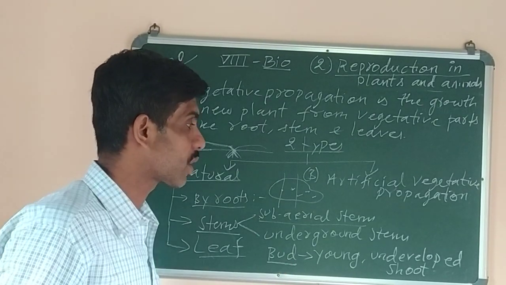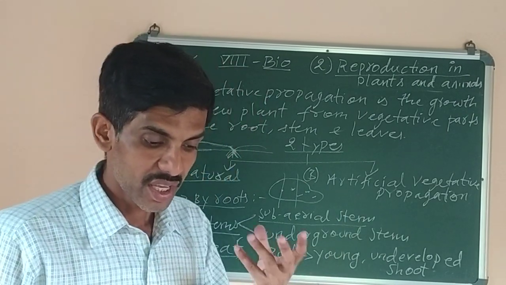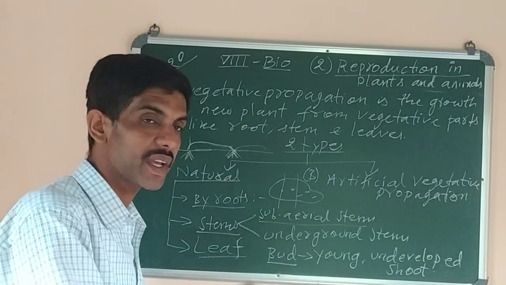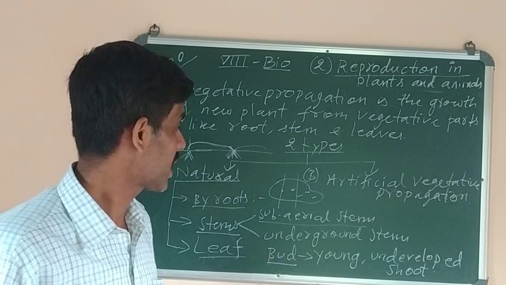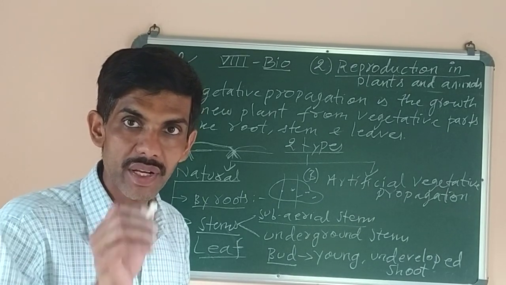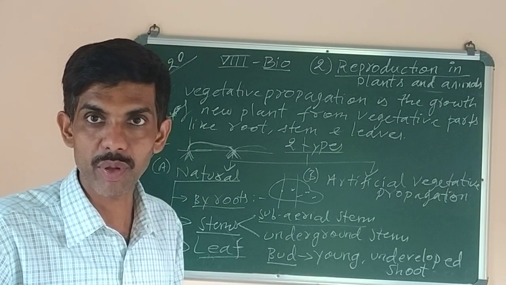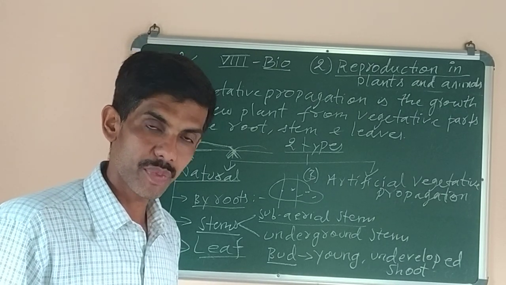So next one is corm. Corm is also a fleshy, round structure which grows in the vertical direction, and it is also an underground modification of stem, and that can give rise to adventitious roots, the roots which arise from the base of the stem, and it can germinate to produce new plants.